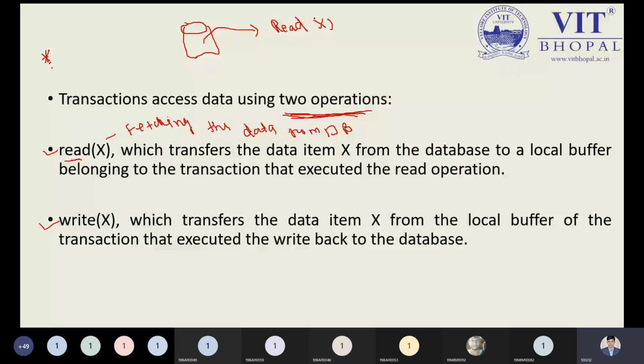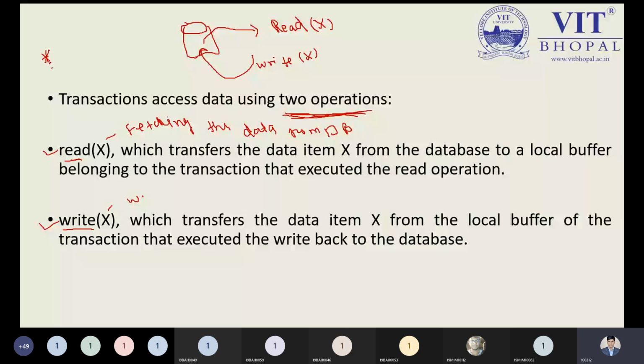That could be anything, like name, date of birth, and so on. And the reverse of read is if you are writing something to the database, then we have write X, which transfers the data item from the local buffer to the database. It means we are writing something to the database.